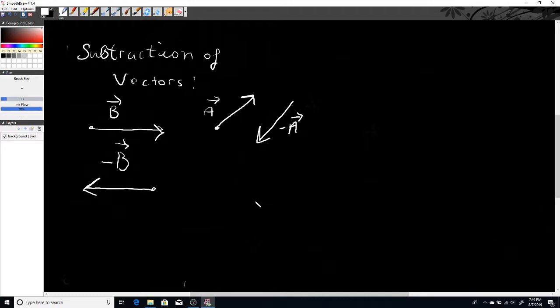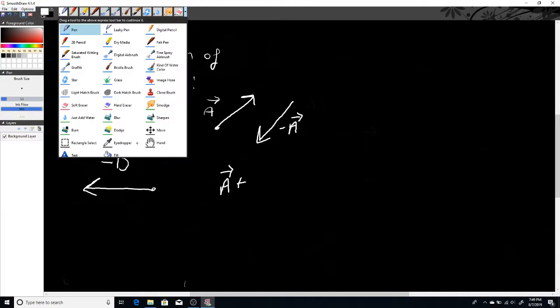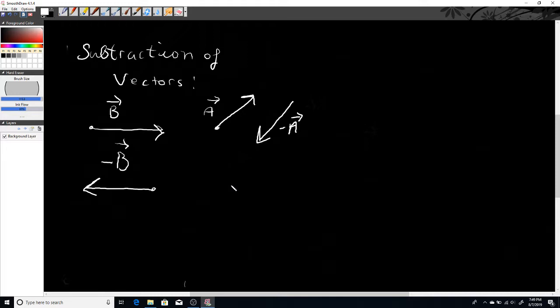So really what we're talking about, if we subtract two vectors, hold on, I'm a little ahead of myself. When we subtract two vectors, let's say we're subtracting a and b, what we're really doing is adding one vector to the negative of the other vector.